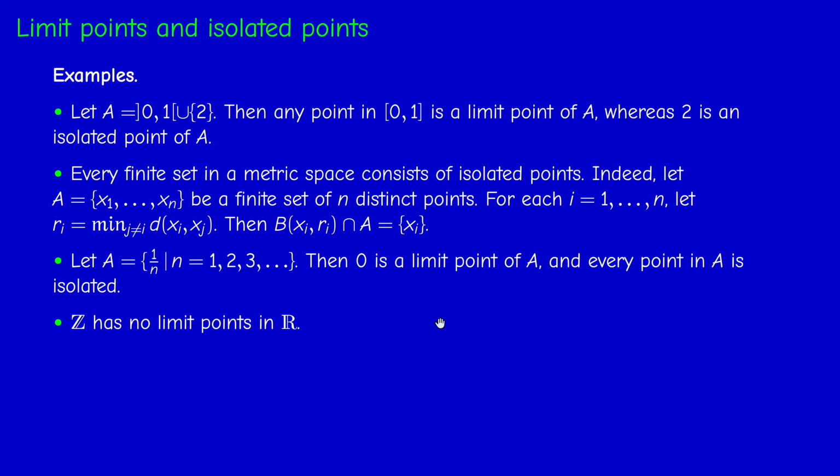So we can isolate 1/n from the remaining by the open interval, for example, (1/(n+1), 1/(n-1)). So draw a picture. The set of integers has no limit points in R. All points are discrete, are isolated. In this case, we say that the set is discrete if all points are isolated. Try to prove that. It's very easy.